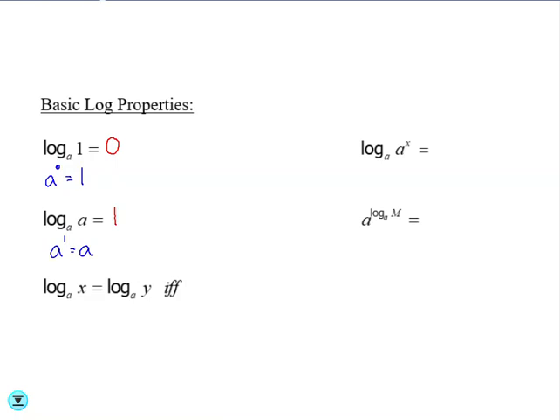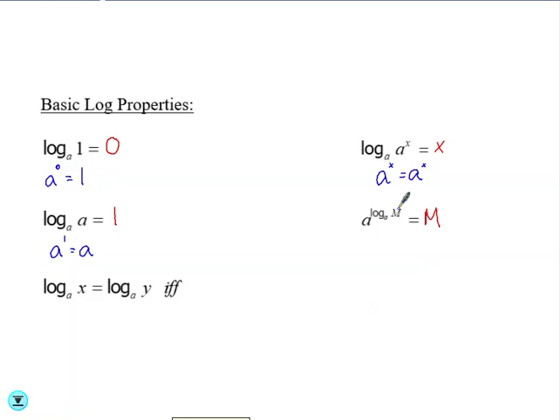Next, we have log base a of a to the x. That is going to equal x. If you rewrite this, you have a to the x equals a to the x. Then we have a to the log base a of m, and that will equal m.